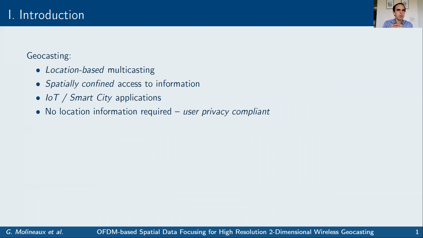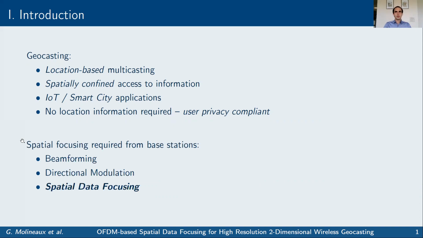Think, for example, of IoT and smart city environments where a large amount of wireless devices could benefit from receiving location relevant or location contextualized information. Now, the idea of geocasting is that it does not require the localization of users and hence respects their privacy when it comes to location, of course.